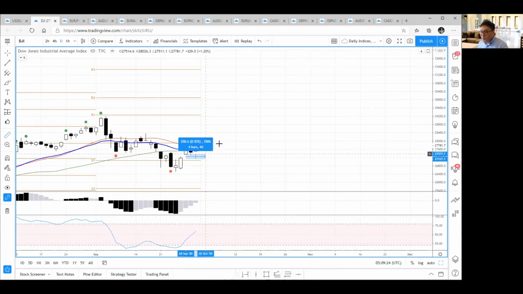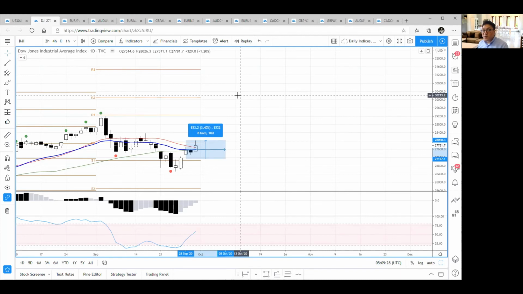Remember the YouTube video where I said the Dow is about to do a big move? Potential big move on the Dow, almost 1,000 points. If you learn the advanced technique, you trade from here, and it already gives you 1,500 points in just one week.